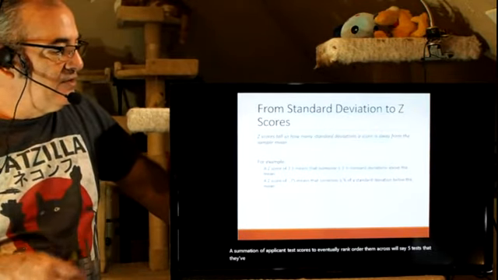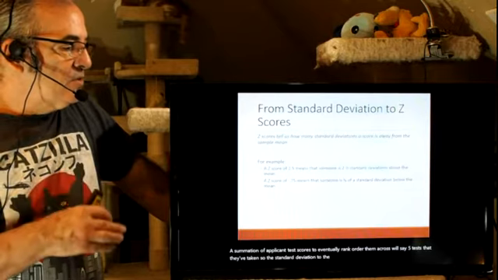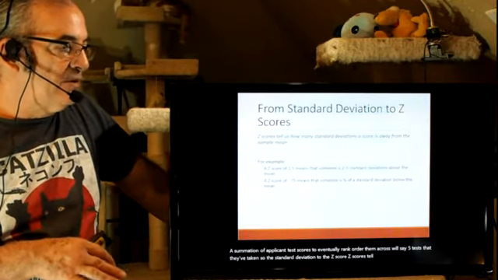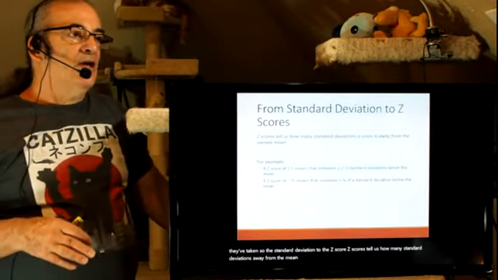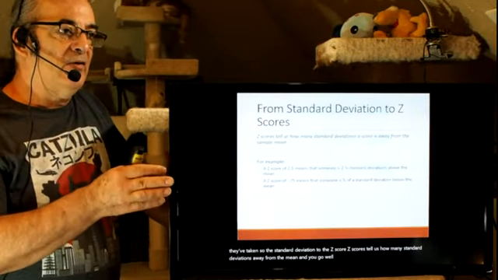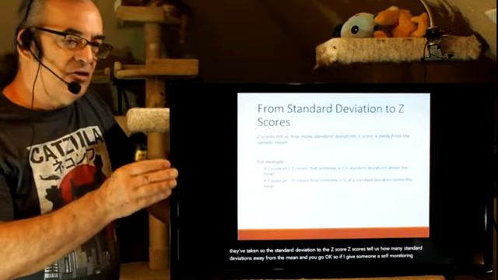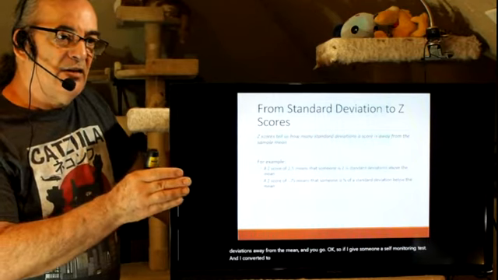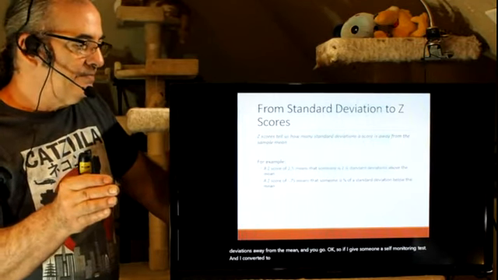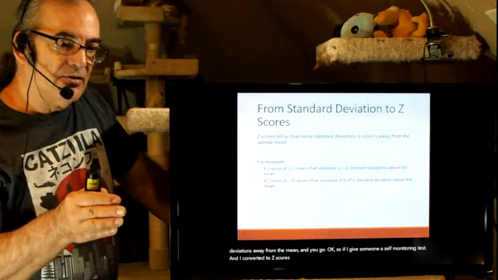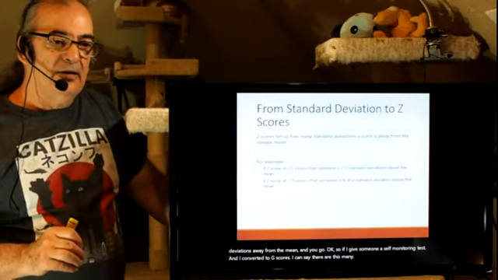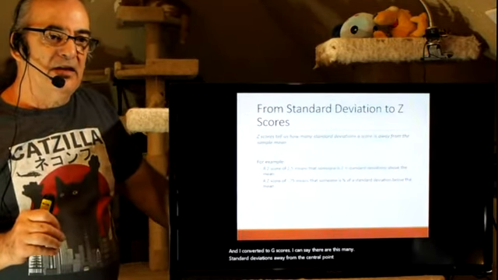Z-scores tell us how many standard deviations away from the mean. If I give someone a self-monitoring test and convert it to z-scores, I can say they're this many standard deviations away from the central point. Then I give them a test on patience.